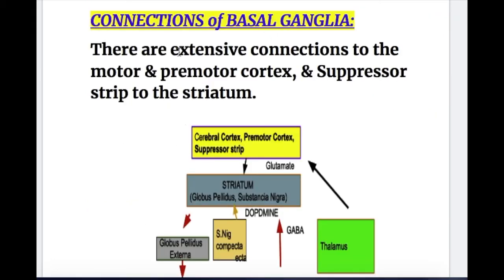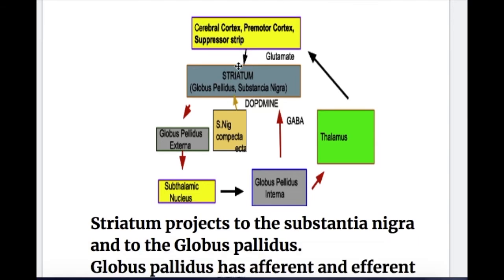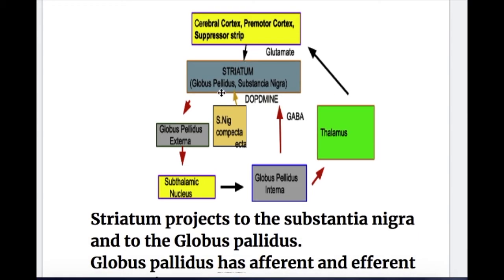There are extensive connections to the motor and premotor cortex and suppressor strip to the striatum. Here is the cerebral cortex, premotor cortex and suppressor strip projecting onto the striatum. Striatum then projects onto the Substantia nigra and to the globus pallidus.